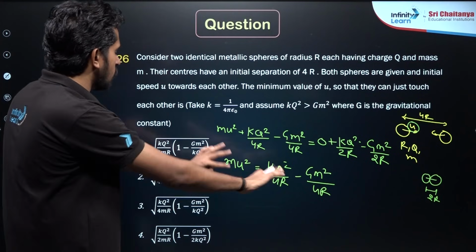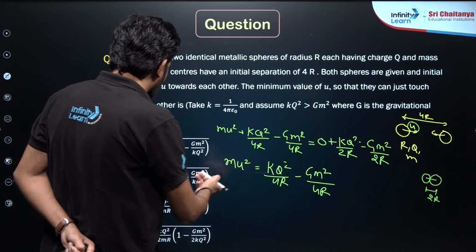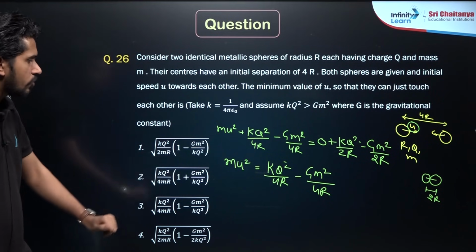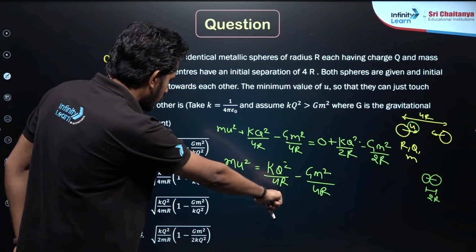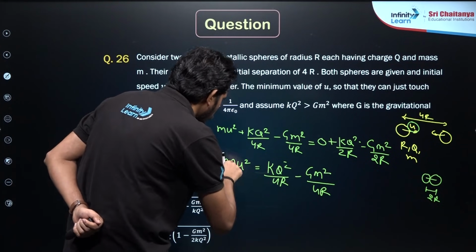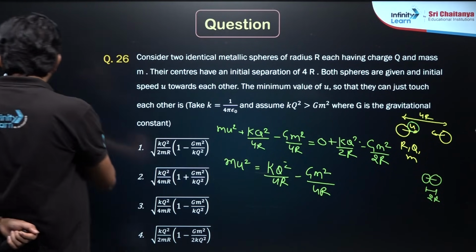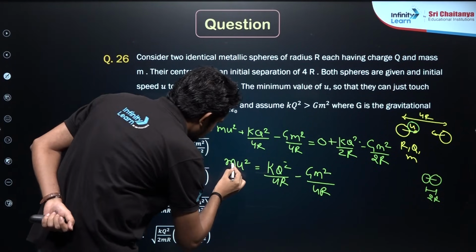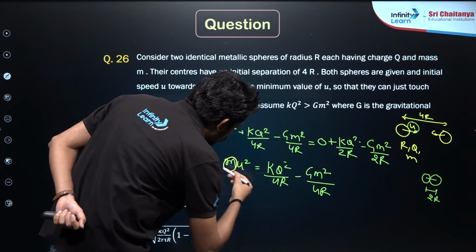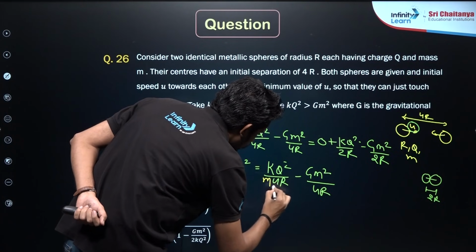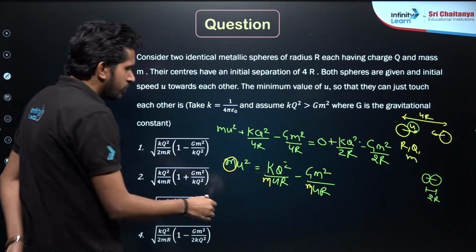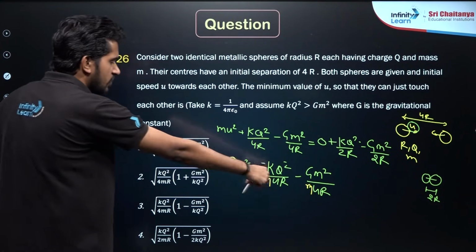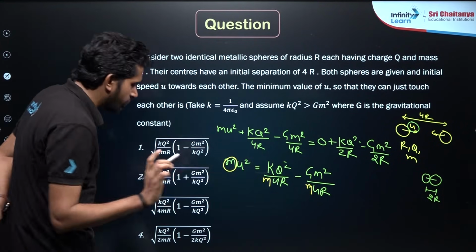Now the question is pretty easy. We need the answer in terms where kq square by mr is common, but we have 4r. First of all, we have m u square, so instead of this I could write m on both sides; in the numerator here, it will be in the denominator on the right-hand side.